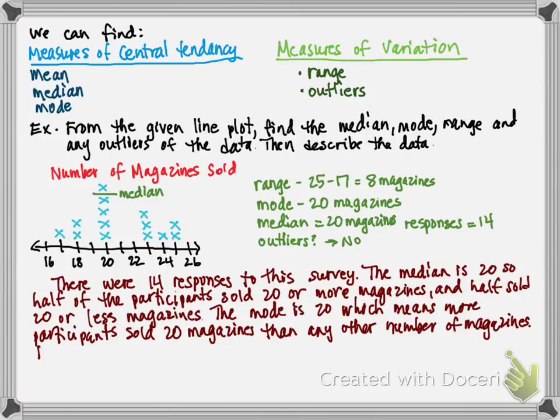The range is 8. And there are no outliers.